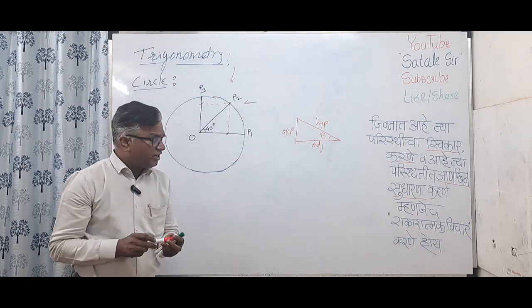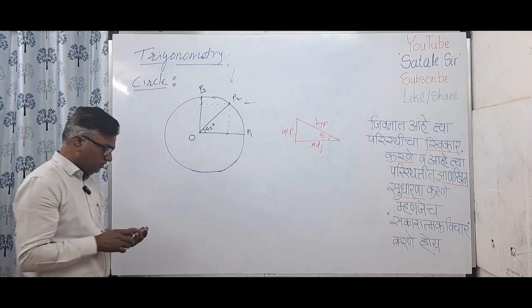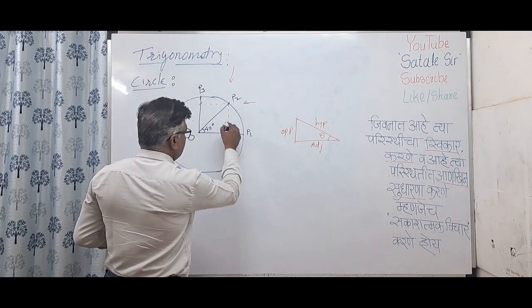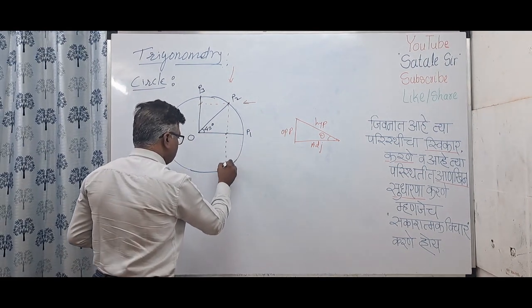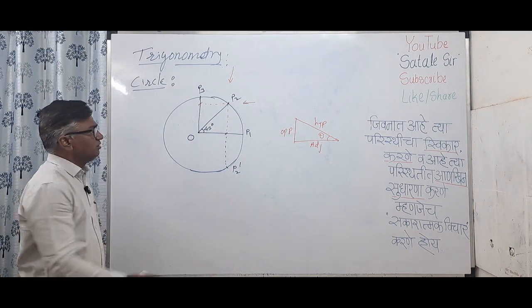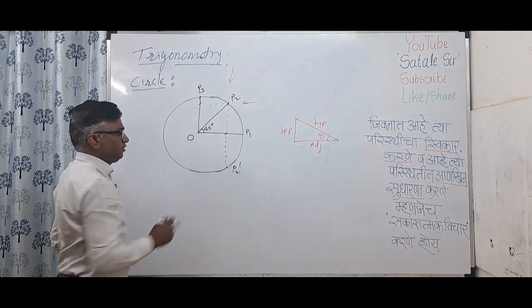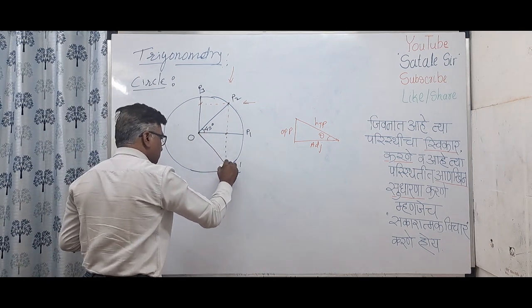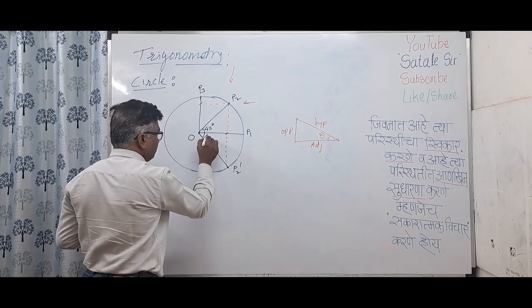Now what I'm going to do here is consider one more point here, and I'm going to call it point P2 dash. Similarly here I am having a point P2 dash, a similar point, and I am joining this. So this will again be 45 degrees here.